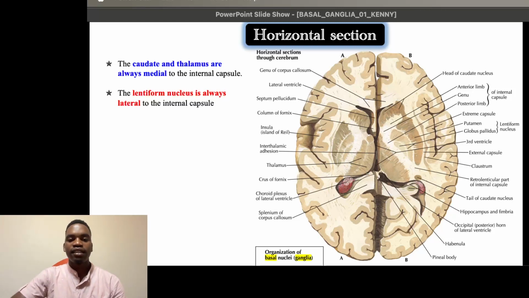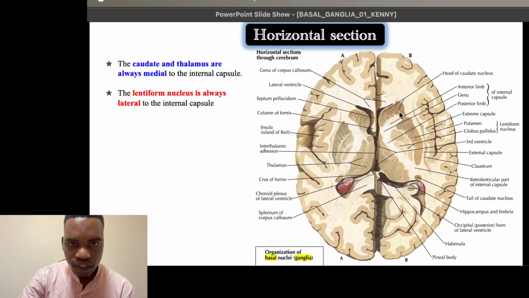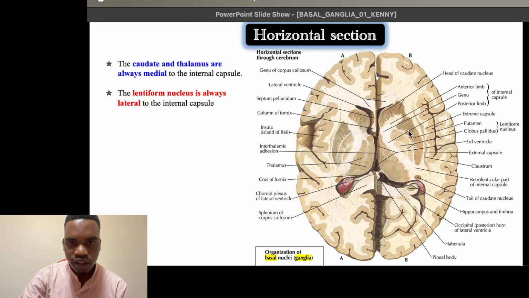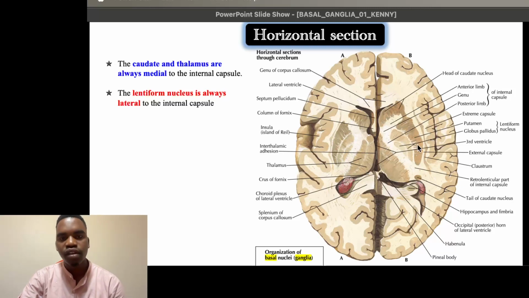This will be the head of the caudate nucleus, and the tail will be somewhere here. Don't worry, I will show you how the tail ends up at a different place from the head. Then this will be the putamen, and this will be the globus pallidus, which is paler compared to the putamen.